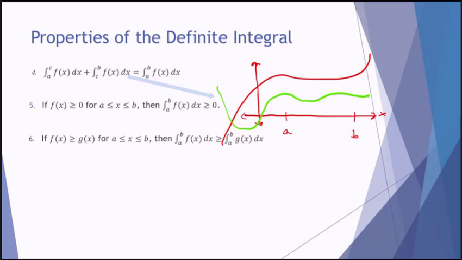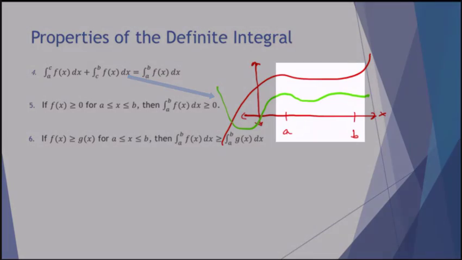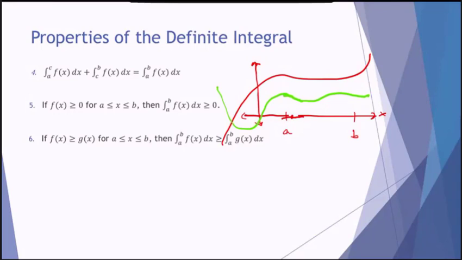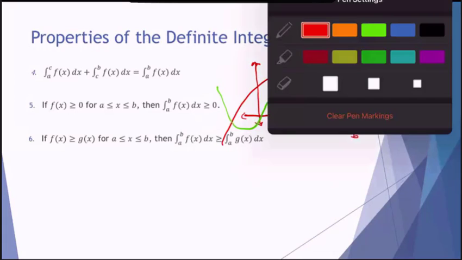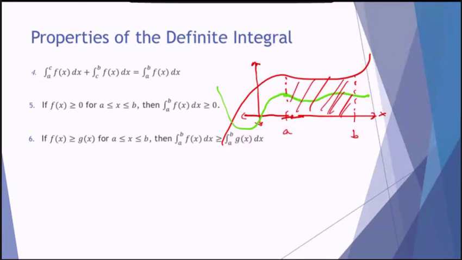Notice we don't care what's happening over here outside of a to b. We're just talking about on the interval from a to b. Then when you integrate from a to b, f of x, in other words, you find the area under its curve from a to b, because it is larger than g of x, then the resulting area under f of x should be larger than the resulting area under g of x. Again, once you've got a picture in front of you, it makes sense.